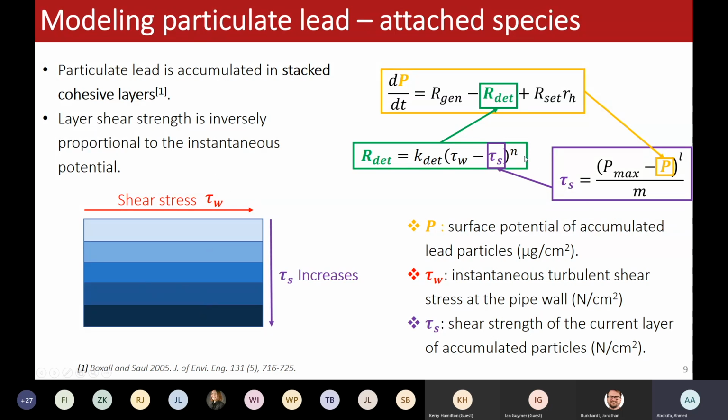And the shear strength is again a function of the potential itself. As the potential increases, the shear strength decreases, which means it is easier to mobilize the lead particulates at high surface potential than the ones at low surface potential. So this is a semi-empirical model for the release, or the mobilization, of particulate lead species from service lines.